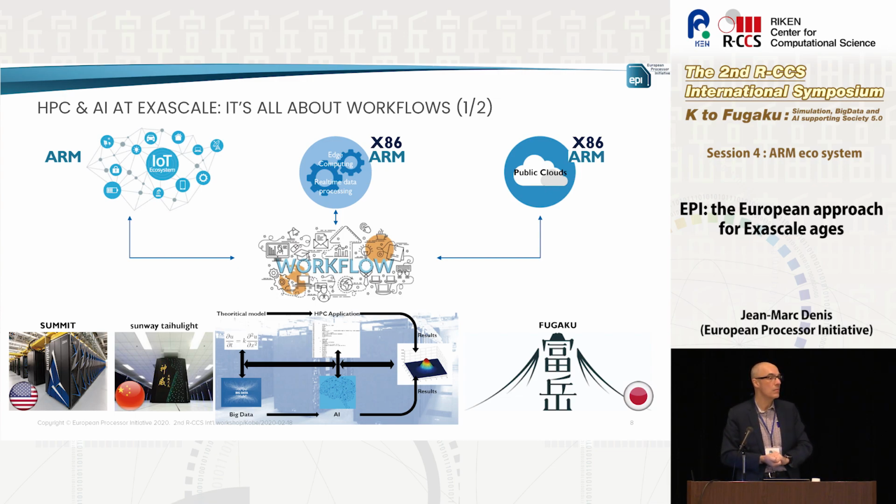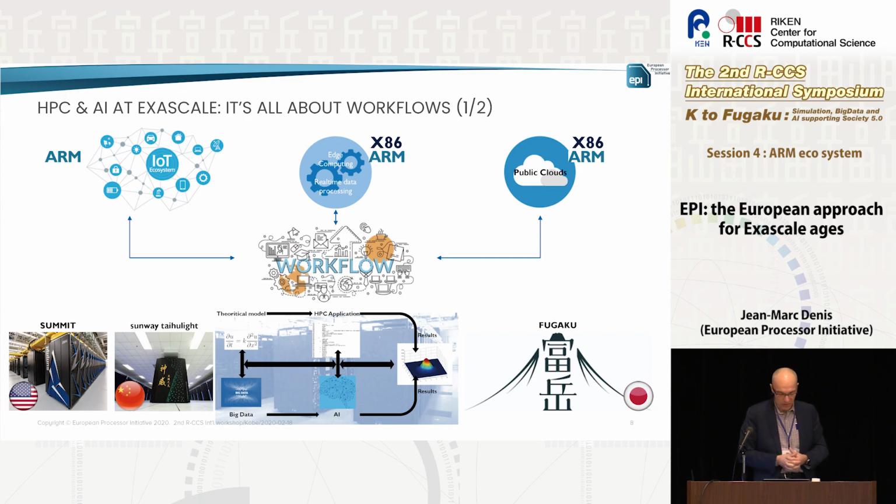But we start having more and more data coming from IoT, from edge computing, and we also now have many models where one part of the compute flow goes in the cloud and one part in in-house systems. So we have to mix all of that together in very complex workflows. So how does it match with the current systems?